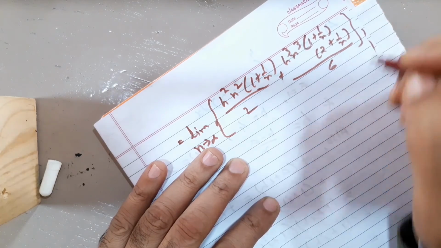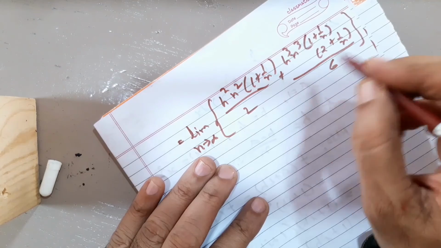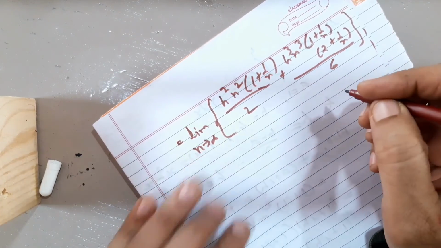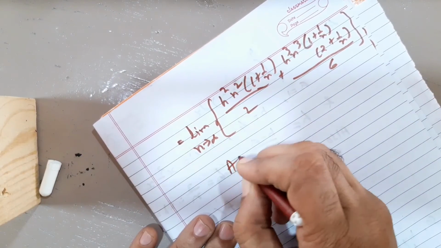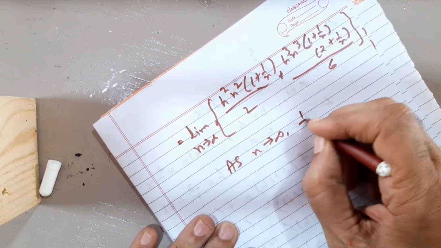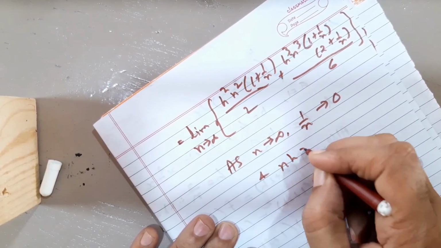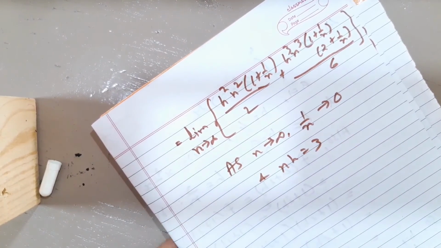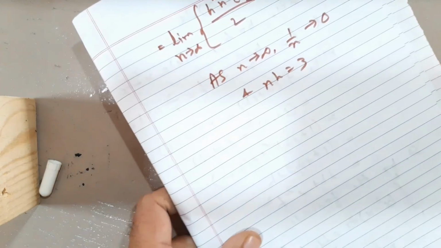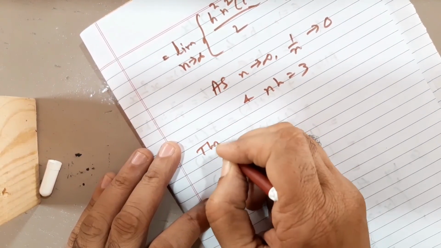Okay. So we have taken out n common from each of the brackets, each of the factors, and we know that as n tends to infinity, we have 1 upon n tends to 0, and also nh equal to 3. nh equal to 3 is also there, isn't it? Right? And thus you get the required answer.